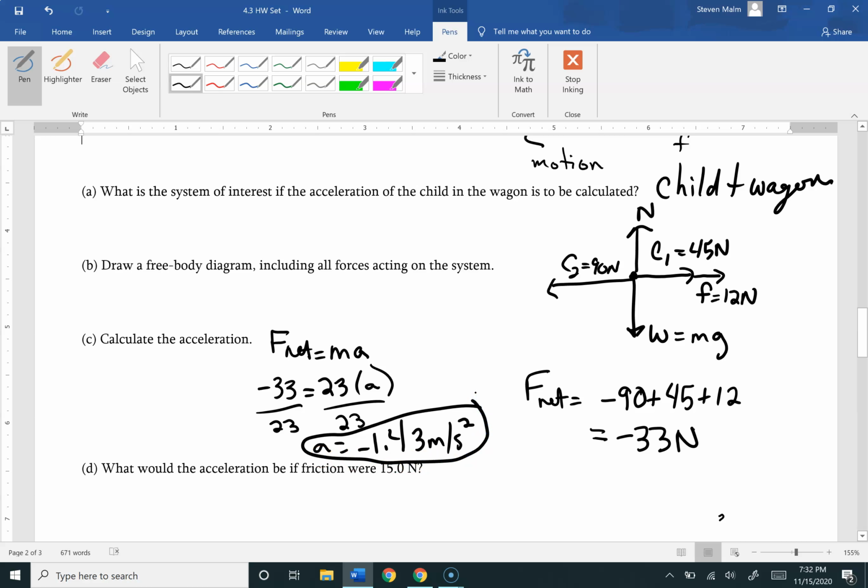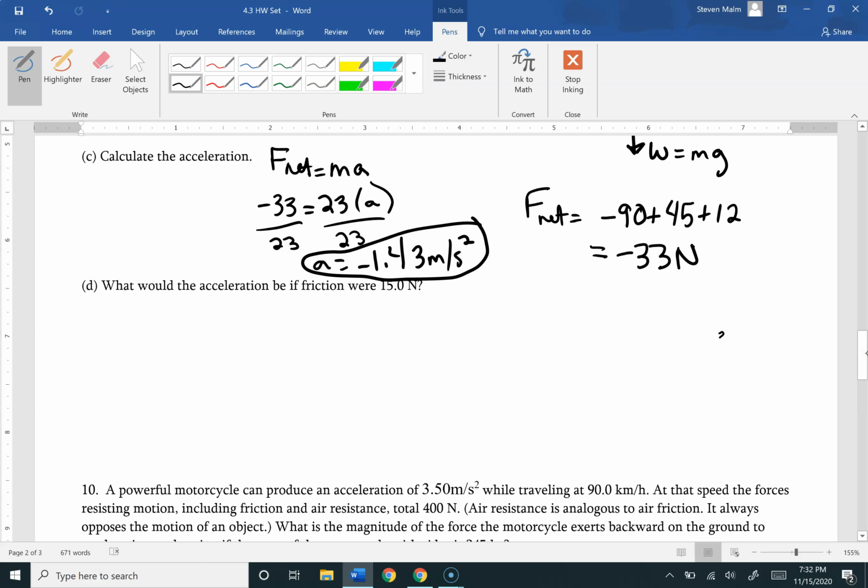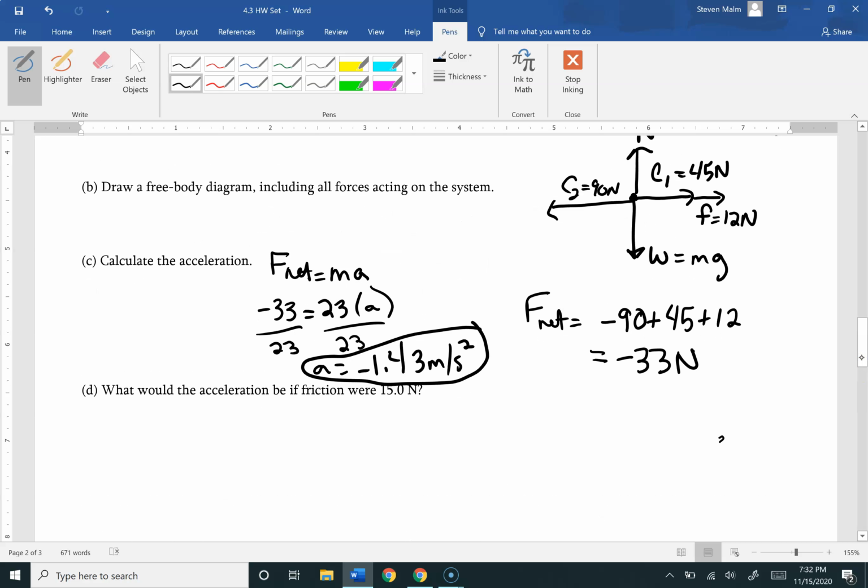Okay. The next problem asks what happens if friction is 15. So instead, our F net becomes negative 30, and we know that F net equals ma.